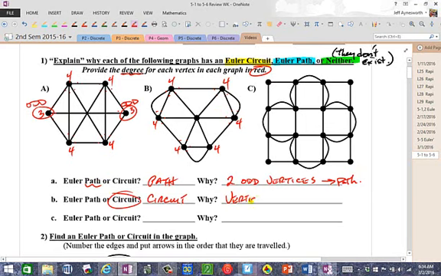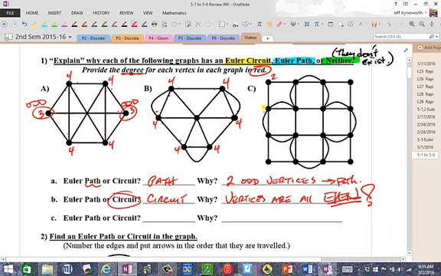There's the theorem on that. The keyword is even. If the vertices are all even, which means you have zero odd vertices, you have a circuit.